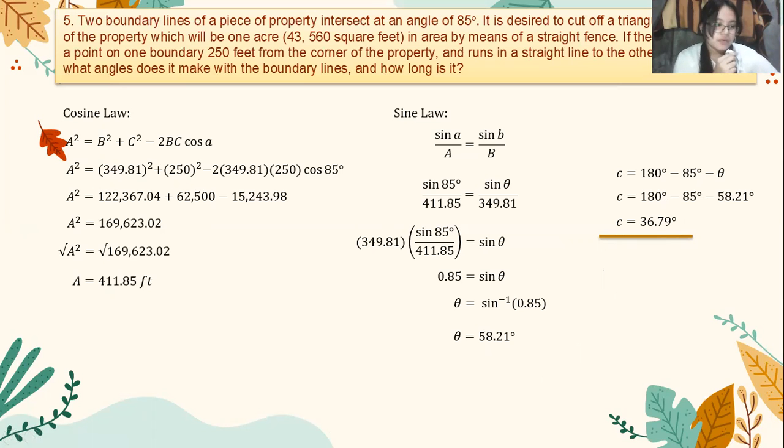So our C is 36.79 degrees. So the fence is 348.48 feet long, and it makes an angle of 36.79 degrees.